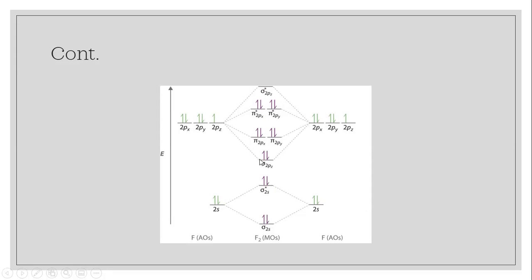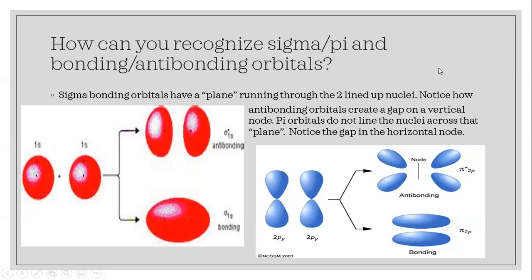So 1, 2, 3, 4, 5, 6, 7, 8 minus 1, 2, 3, 4, 5, 6. So 8 minus 6 is 2 divided by 2 is 1. So this has a bond order of 1. So yeah, those are some examples. You can probably tell they're pretty straightforward once you figure out what the diagram looks like.